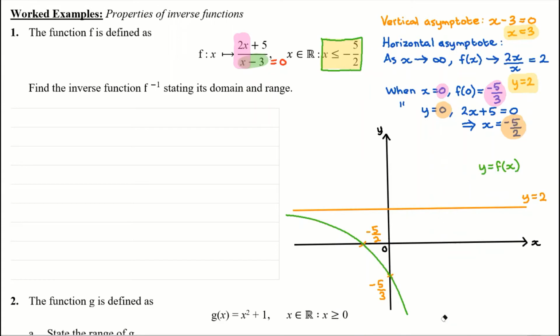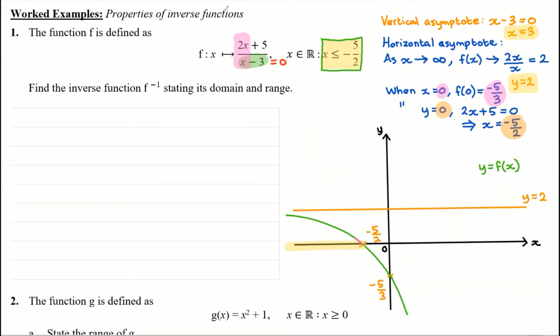Okay, the horizontal asymptote is useful, but I also don't need to worry about much of the bottom left-hand curve either, because x is only defined when it is less than or equal to minus 5 over 2. So it's only that part. That means I'm going to redraw that curve so it's relevant to what we're interested in.